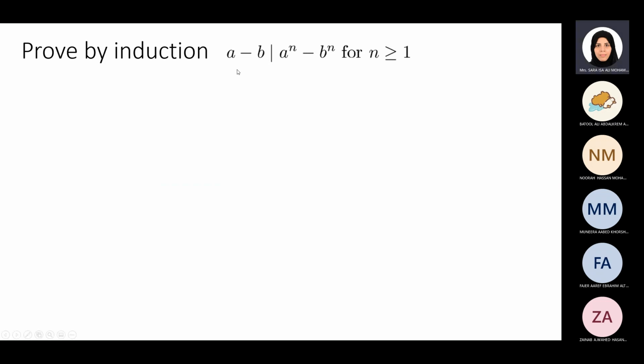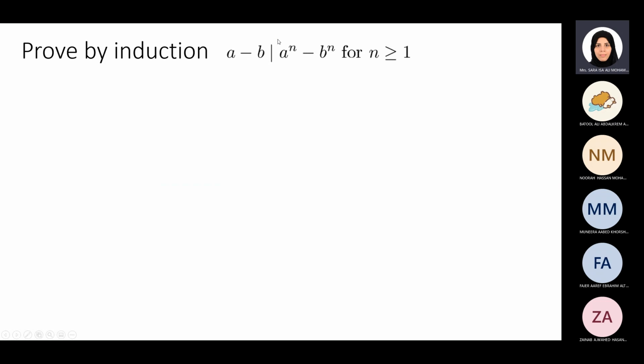Prove by induction that a minus b divides a to the power n minus b to the power n, for n greater than or equal to 1. We said divide means we can write it in a different way. This notation, divide, is not a division.